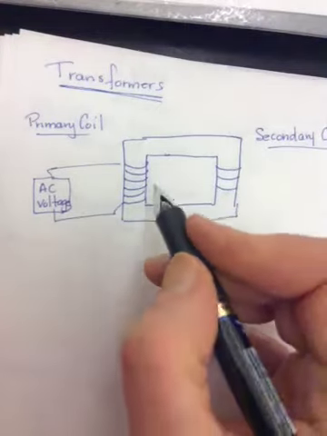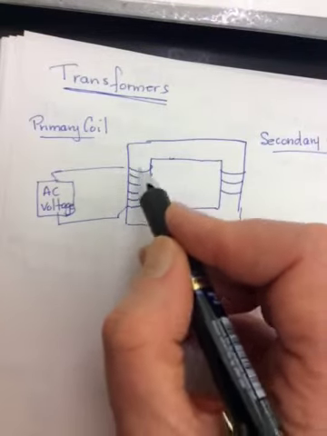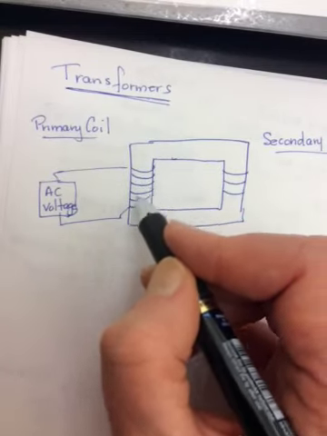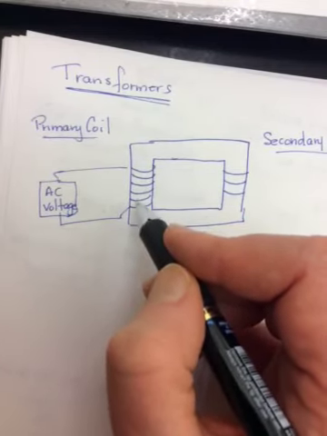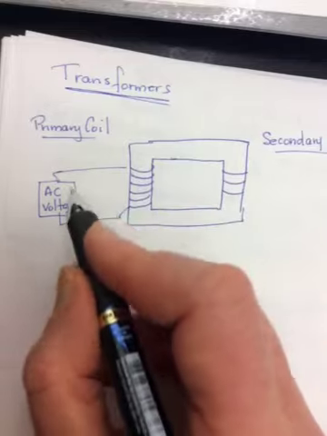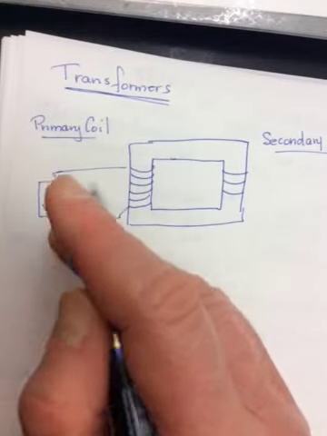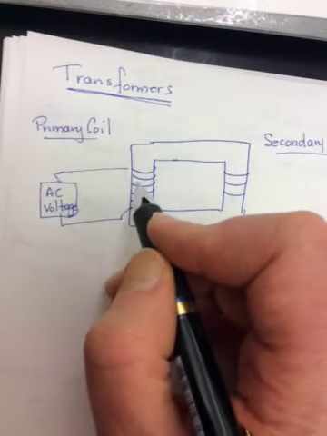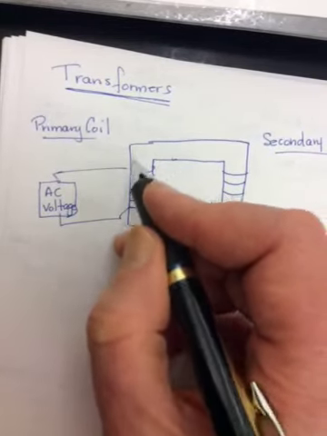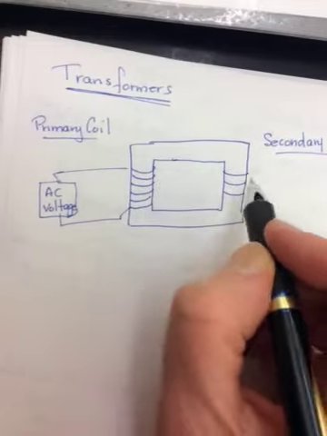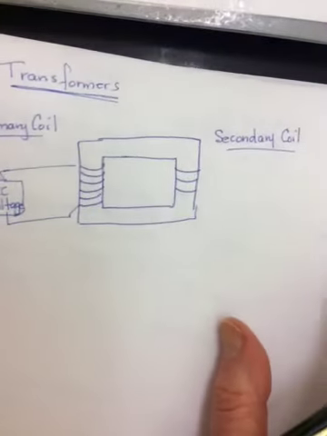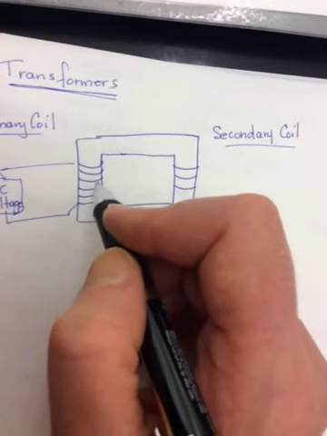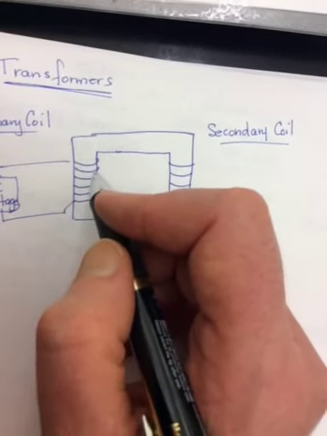Okay, so now that means there's an alternating current flowing through this coil on this side, an alternating current that has the voltage of whatever this AC voltage is here. Okay, but if you have an alternating current flowing through this set of coils, and the secondary coil is not that far away, well, the alternating current is going to create a changing magnetic field, right?